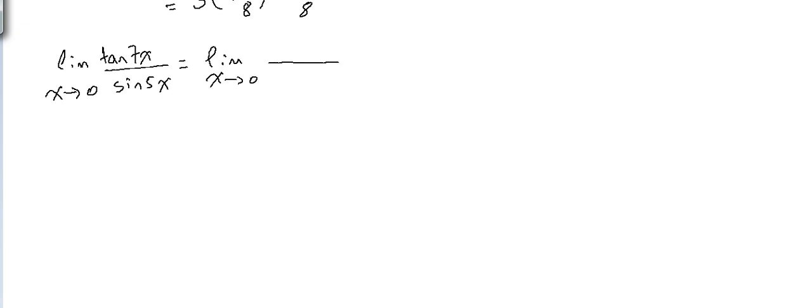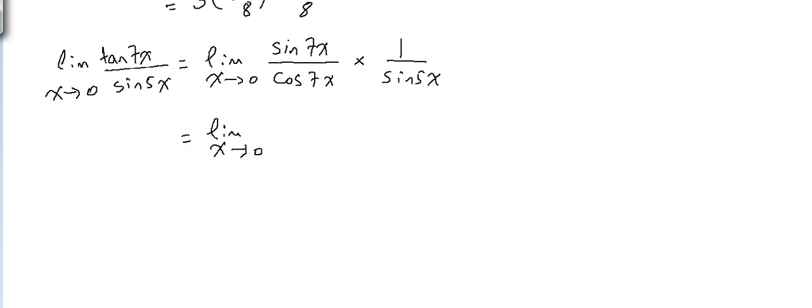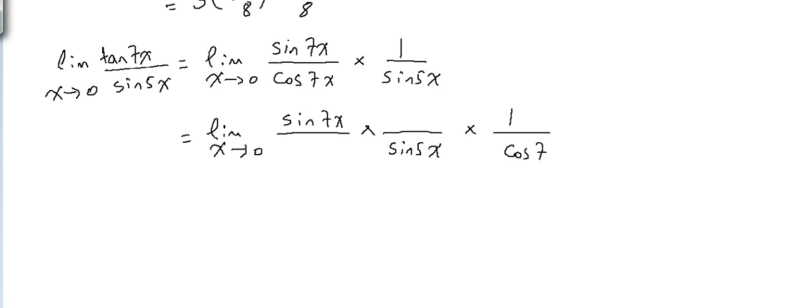We can change the tangent to sine 7x over cosine 7x times 1 over sine 5x. We leave it in the denominator, which is equal to the limit as x approaches 0 of sine 7x over sine 5x times 1 over cosine 7x.